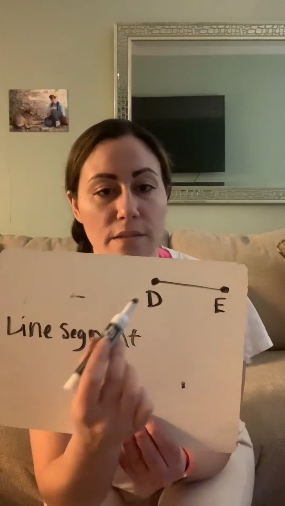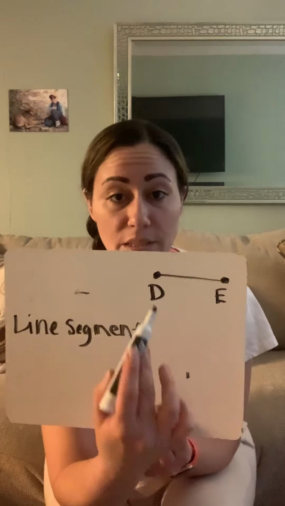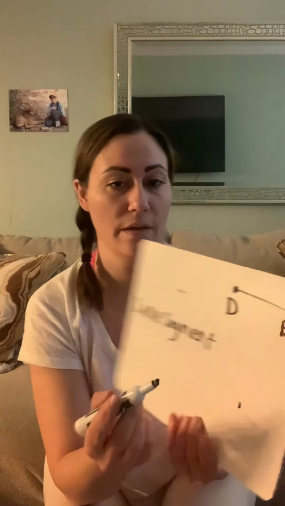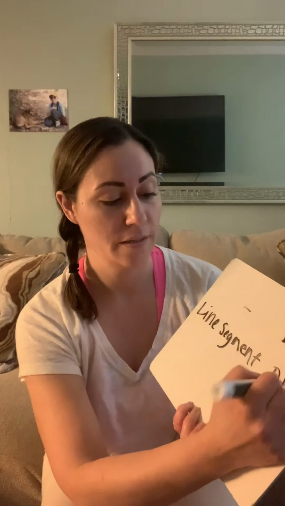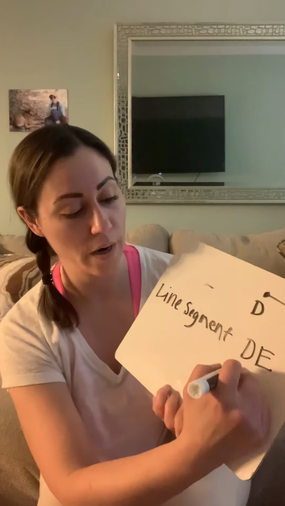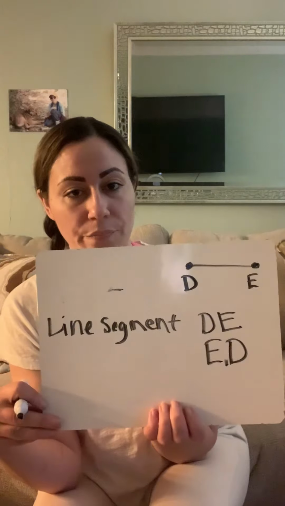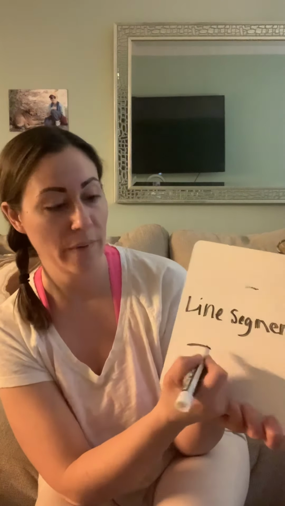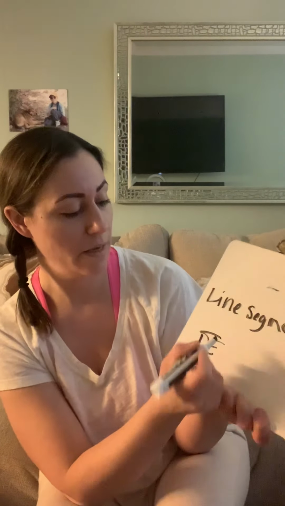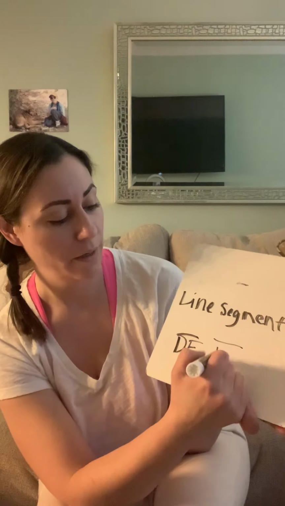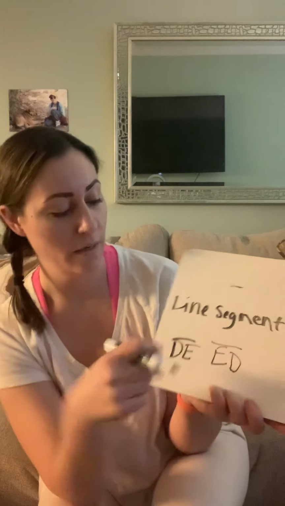Let's look at the next one. Okay, DE or ED, right? So line segment and then either DE or ED, or the second way, using the symbol, draw my line, DE or ED.